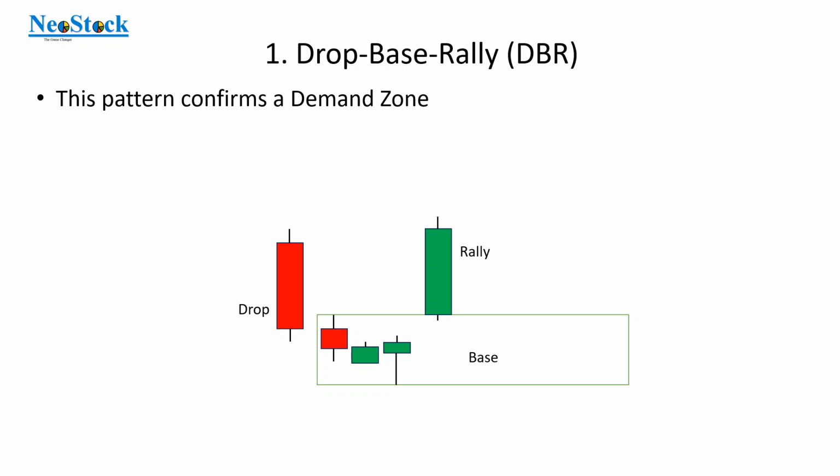So this pattern confirms a demand zone, and it indicates a reversal pattern. Why are we calling it a reversal pattern? Look into the leg-in. What kind of market is it? Bearish market, that means a down market. Then followed by base candles, price moved in a narrow range.